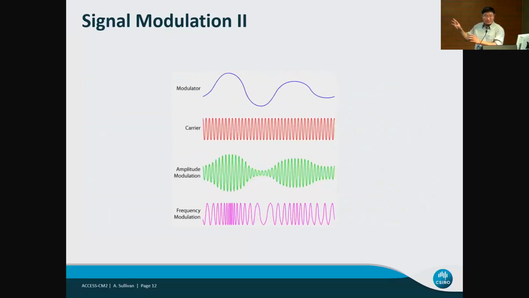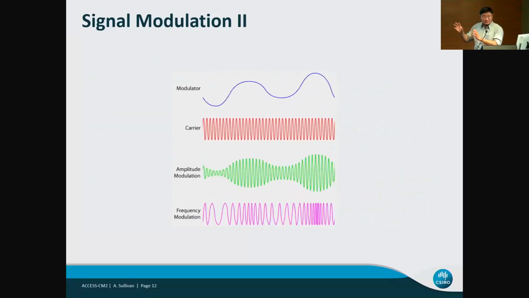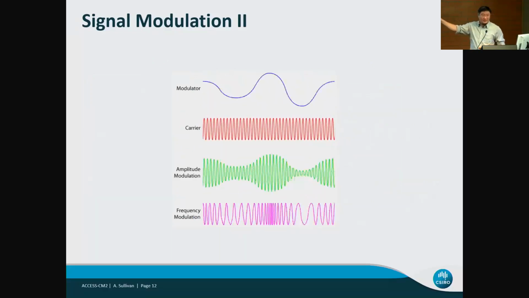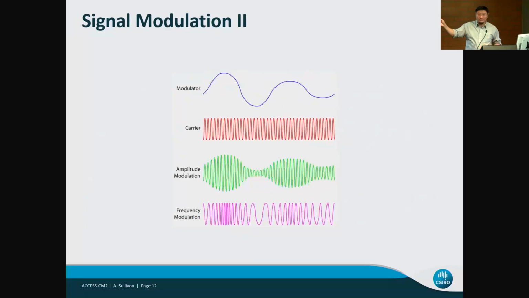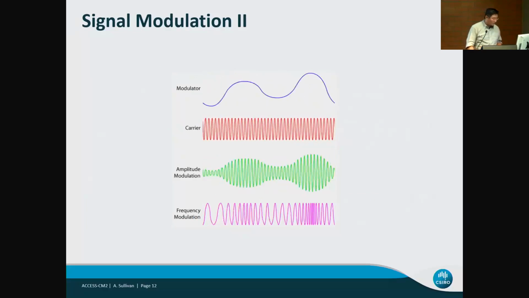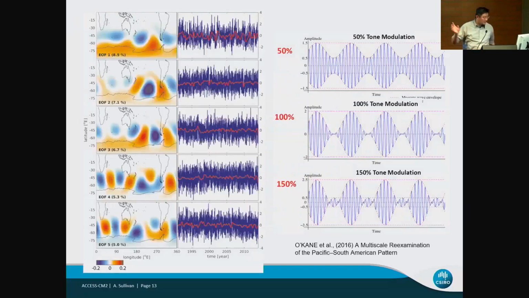Most of the signals we see in climate are like this, either amplitude modulations or frequency modulations. For example, the left-hand side is from Terry's paper 2-3 years ago. He plotted the EOF and then the principal component for the EOF.